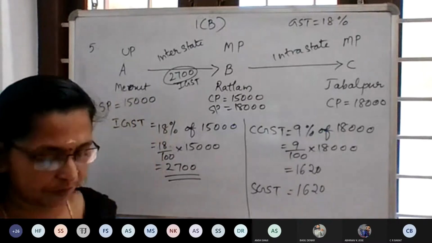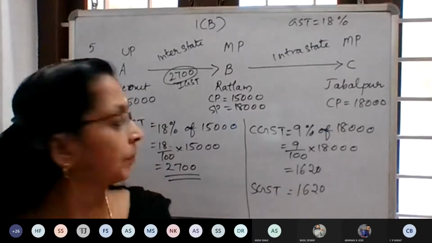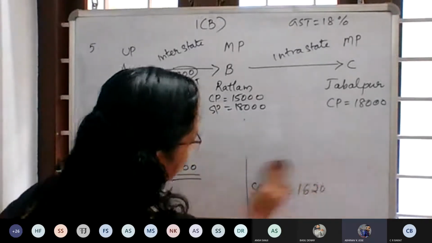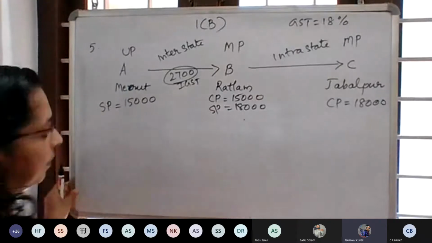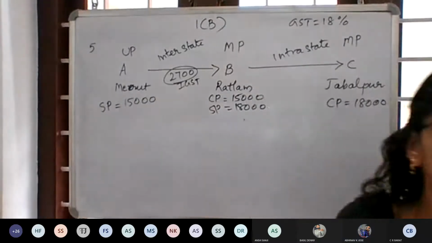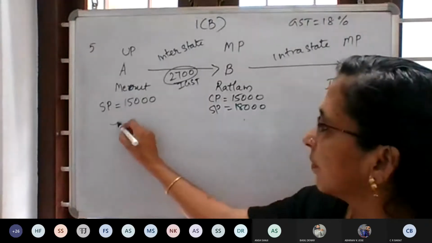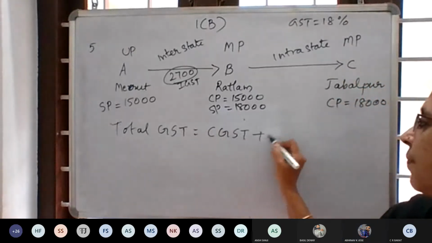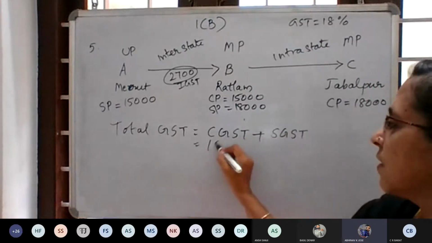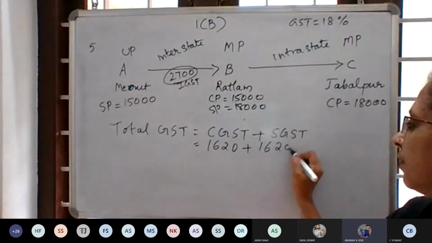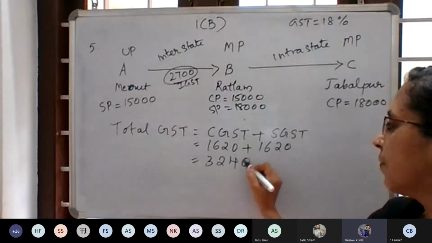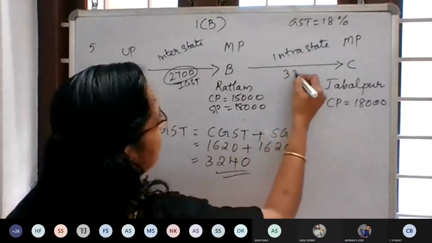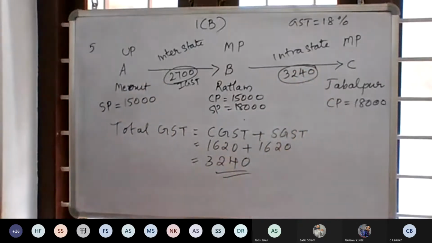Therefore, total GST is equal to CGST plus SGST, that is 1,620 plus 1,620, which is 3,240. So this GST is 3,240.